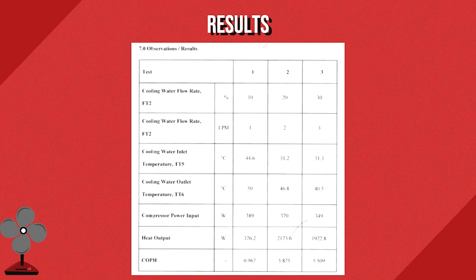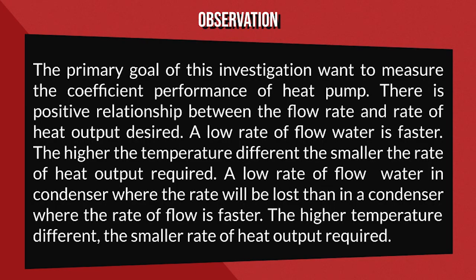That's all. For this observation experiment, the primary goal of the investigation was to measure the coefficient of performance of the heat pump. There is a positive relationship between the flow rate and the rate of heat output desired. A low rate of flow of water is faster.